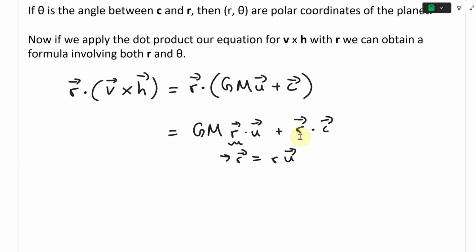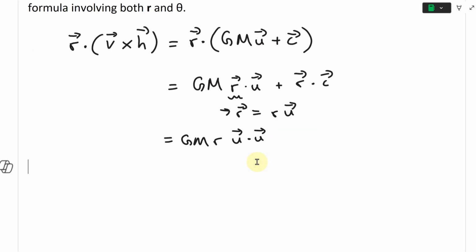All right, and also for this one here, we can use the geometric equation of the dot product, so we get the cosine and so on. So this equals GM, and then we're going to have r, just the magnitude of it, times u dot u. Again, these are parallel vectors, so it's just going to equal 1.